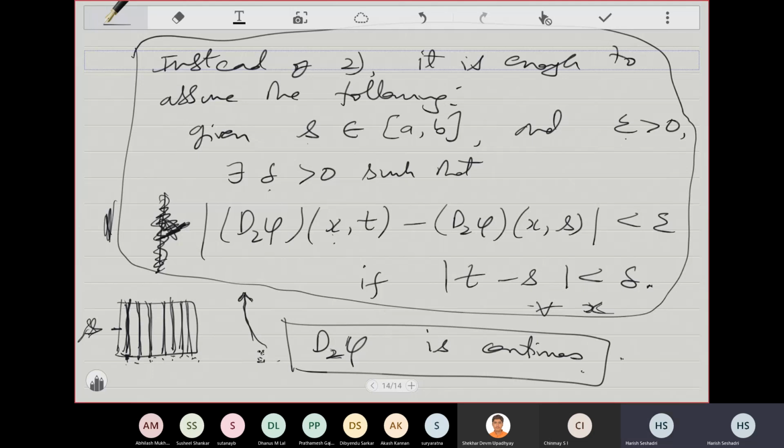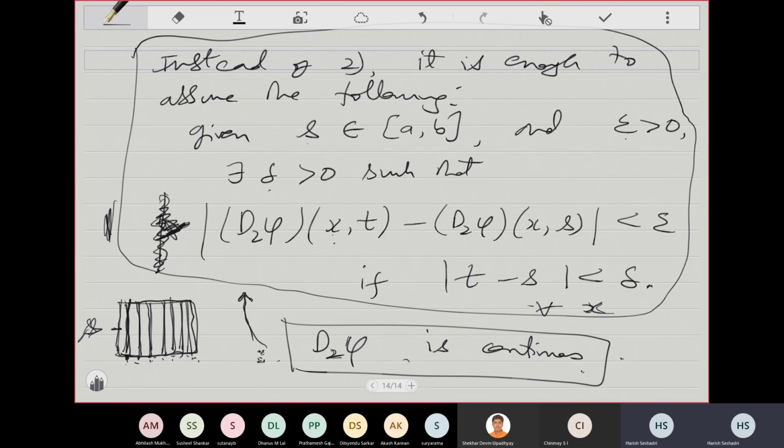There is a theorem involved here. Continuity on a compact set: what does it say? If a function is continuous on a compact set, it is uniformly continuous. That is a fact being used here. So if I know that D2 phi is continuous on this compact set, the closed rectangle, then I know that it is uniformly continuous.